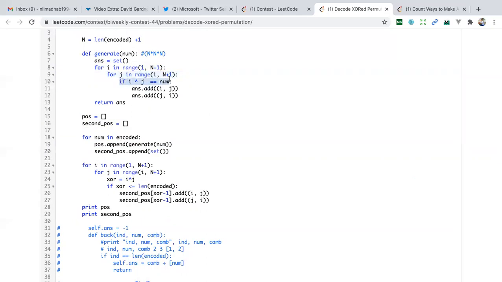If i and j XOR is the number, we append to answer this one and this one, and we return the answer. And I want to do it in a single loop, because this will be a combination. Do you think something might go wrong?